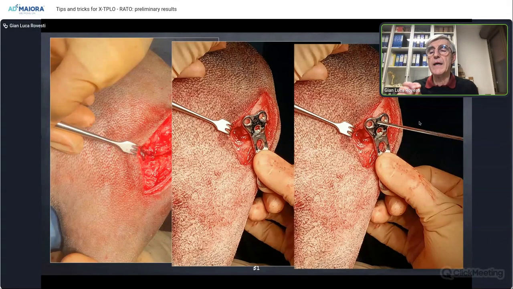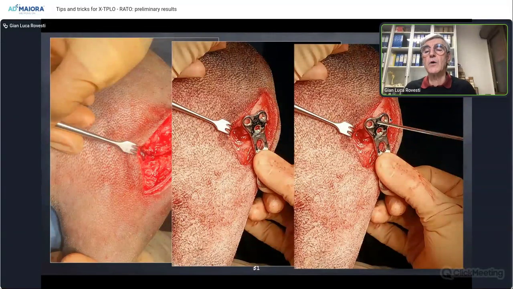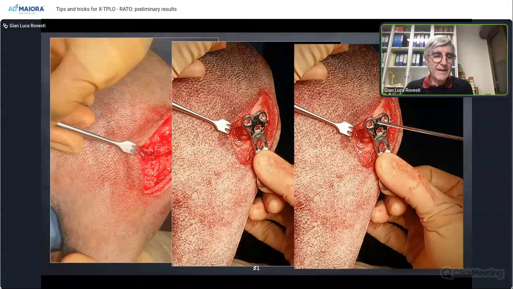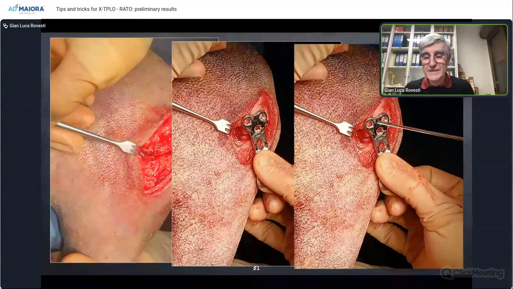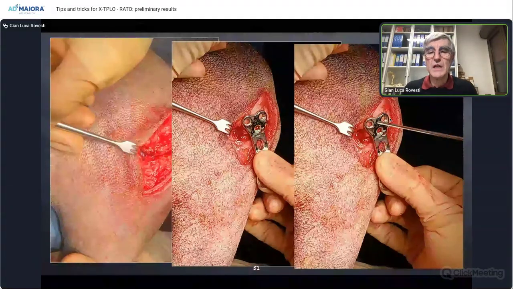But I want to check that the plate will fit correctly in this position, and this K wire will stabilize the plate in this position, and I can check exactly if I'm happy with this location of the plate.